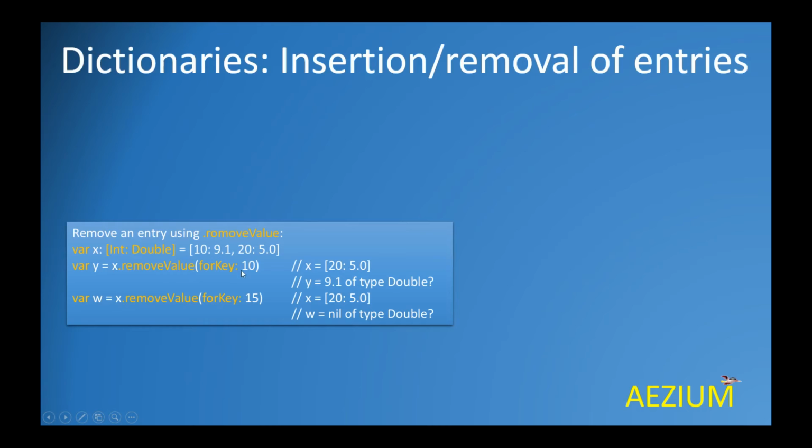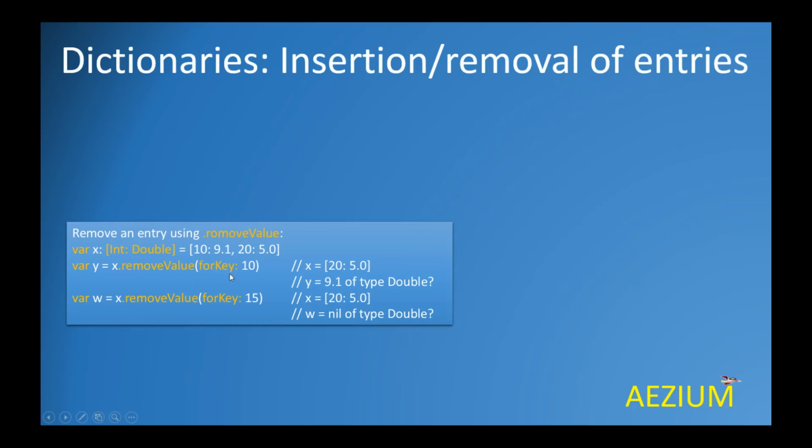What this expression returns is the value of the dictionary entry that we are trying to remove, and in this case that value is going to be 9.1. The type of the return value is going to be the same as the type of the values of the dictionary, in this case Double.